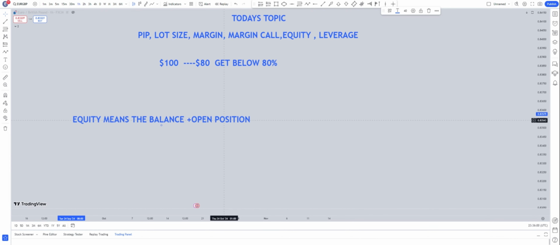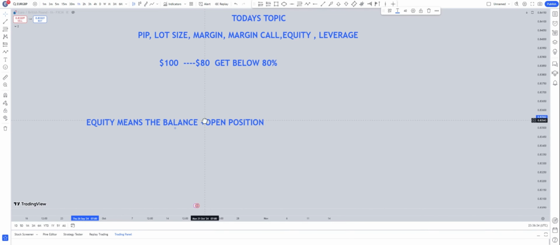Now your equity becomes $150 while your balance is just $100. Because the running trade is called an open position, your equity merges both the balance and the open position. Also, if you're in a loss of $50 on a $100 account, your equity then becomes $50. So it either adds to or subtracts from the balance.